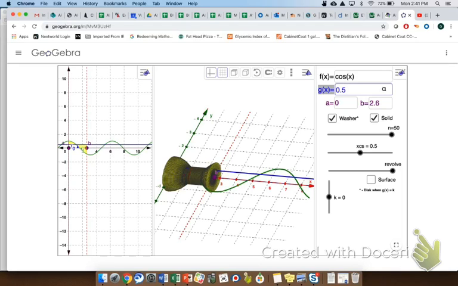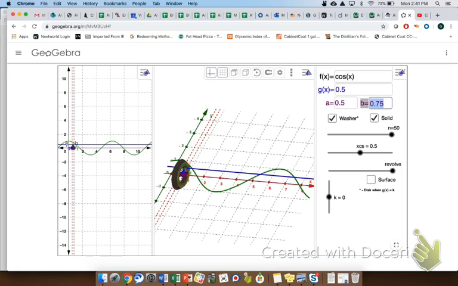So let's go cosine of x, and I'll go 0.5, but I'll go from, I don't know, how about 0.5 to 0.75 maybe? There we go.